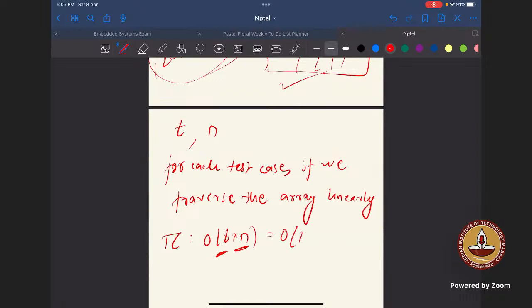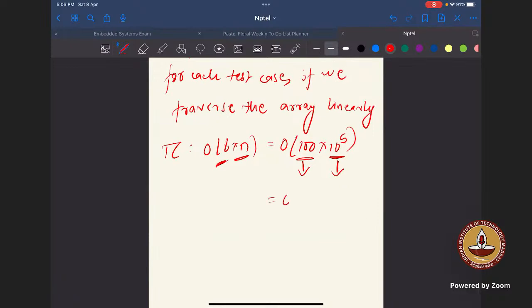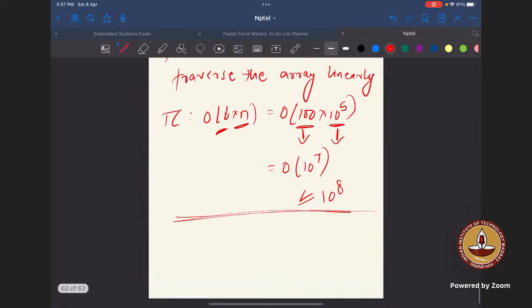This will be order of 100 into 10 power 5. Why 100? Because the maximum limit of t is 100. Why 10 power 5? Because the maximum limit of n is 10 power 5. So this becomes order of 10 power 7, which is definitely less than or equal to 10 power 8. So I am sure that a linear algorithm would work.